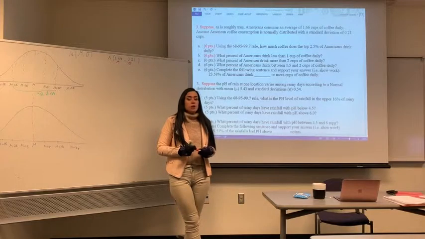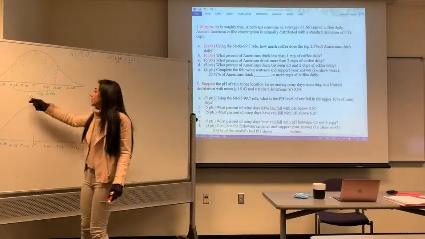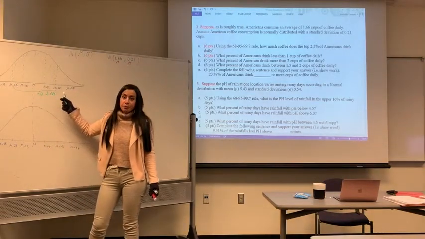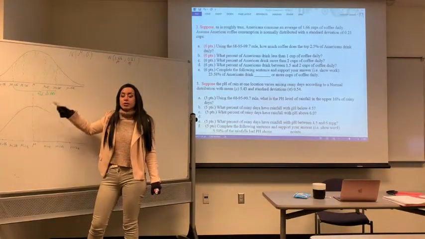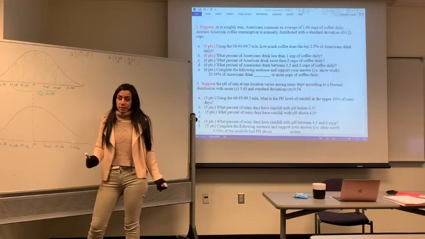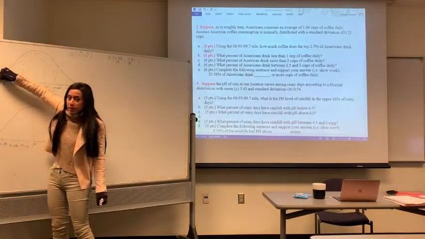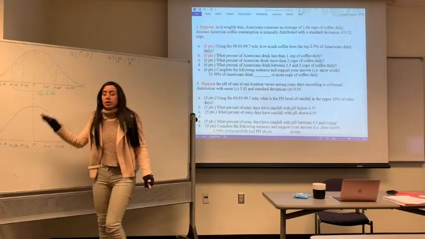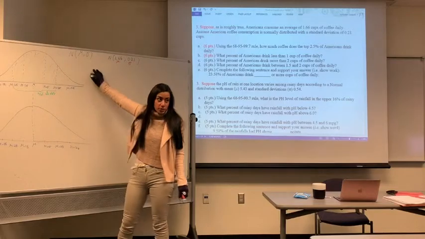Okay, it says top 2.5%. Now I showed you here the middle 95%, correct? We know all the area is 100%, so 100 minus 95% is 5%. We know this area plus this area is 5%. When we are talking about top, it means the right side of the normal distribution.